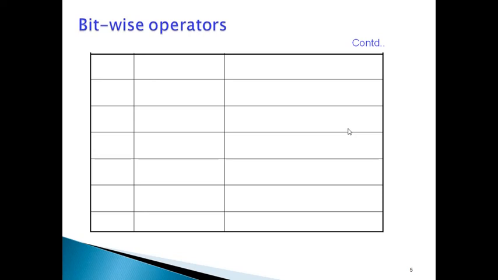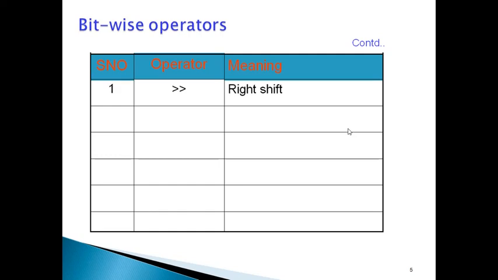Now we will see the bitwise operators. Number one, double greater than symbol. This operator is used in C language for right shift. As it is a bitwise operator, it is called right shift. Single greater than symbol is used as a relational operator.